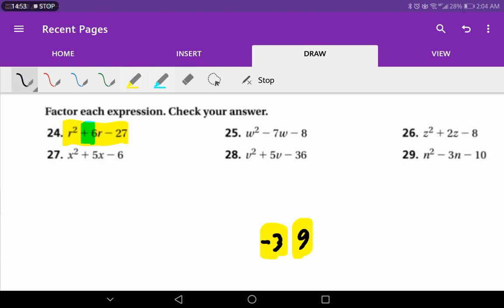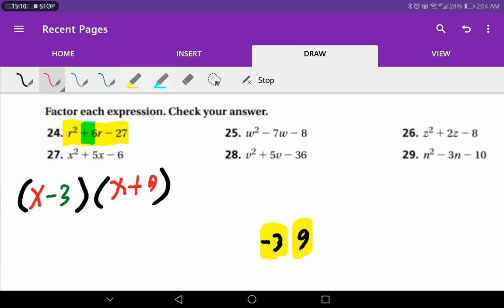So the solution is x negative 3 and x positive 9. You see, the signs of the two factors are different. One of them positive and one of them negative.